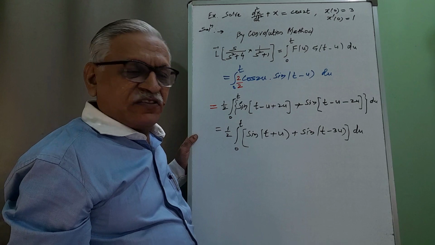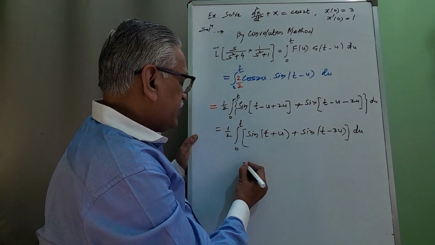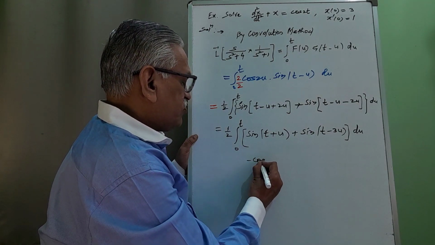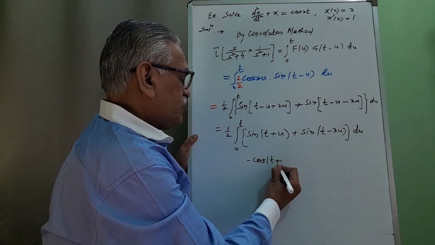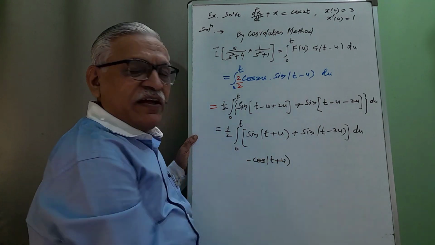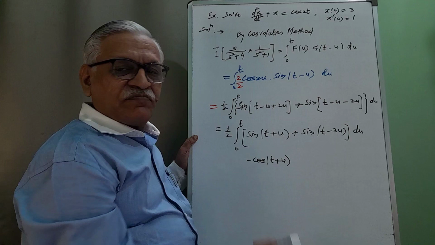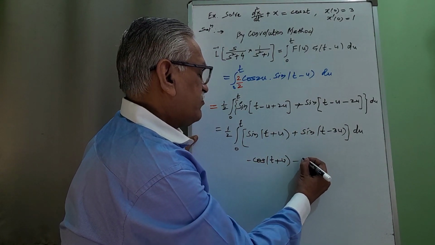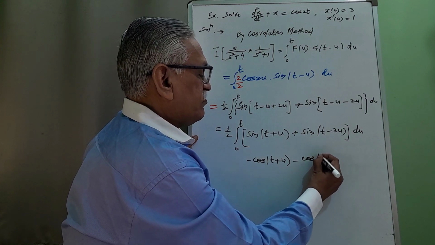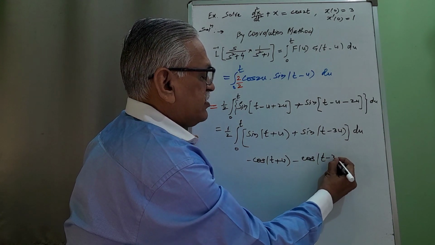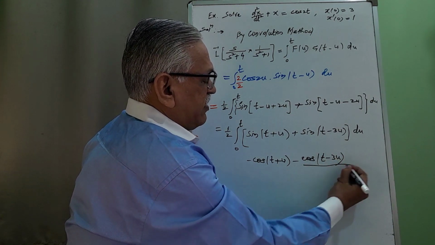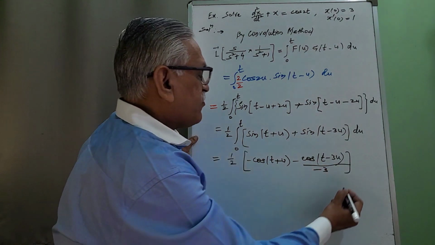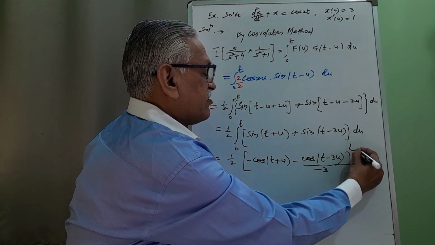Then integrating these two terms of sine, its integration is minus cos of t plus u divided by coefficient of u, 1. Integration of this is minus cos of t minus 3u divided by minus 3. Limit from 0 to t.